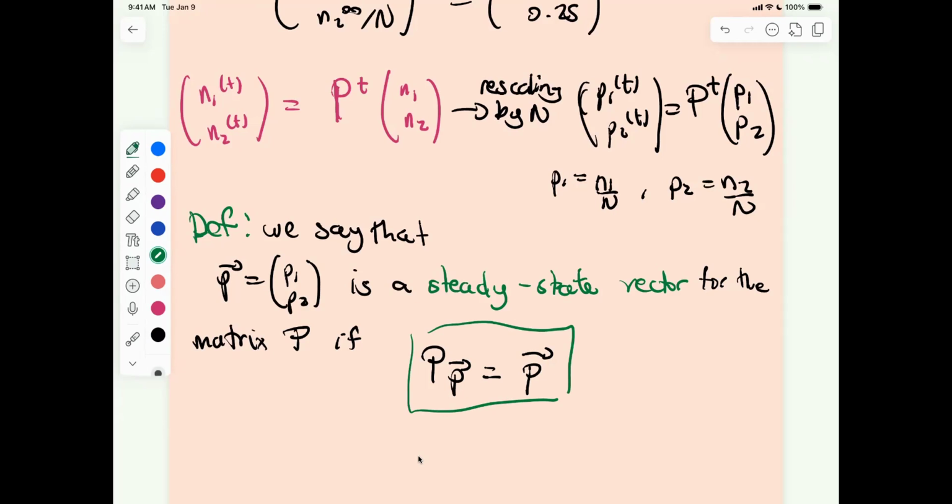You should compare this in more traditional notation with AV equals V. If you had written it in this way, I would say that V is an eigenvector of the matrix A with eigenvalue 1. Okay? So it is an eigenvector equation, just with a slightly different notation than the one that you have seen before.